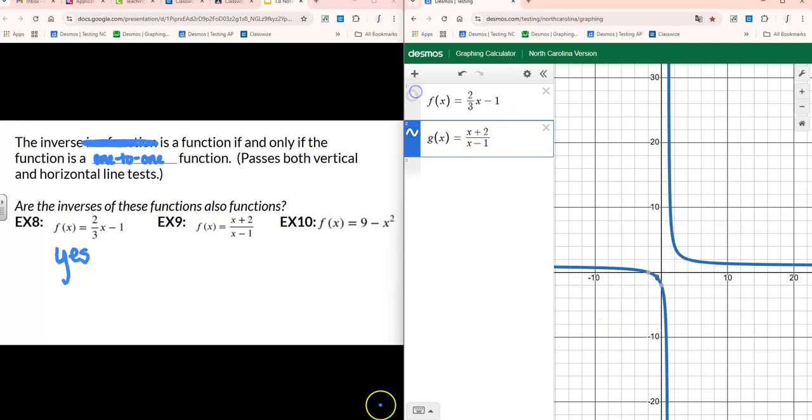If we try that next one, that one's a little trickier. Let me show you a trick on Desmos. If you're wanting vertical line test on Desmos, type in x equals 1, and then you can do like negative 10 to 10.